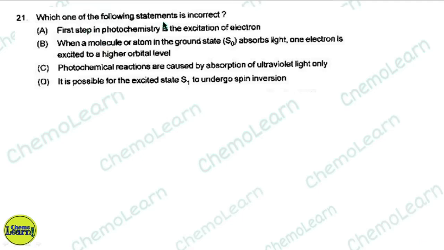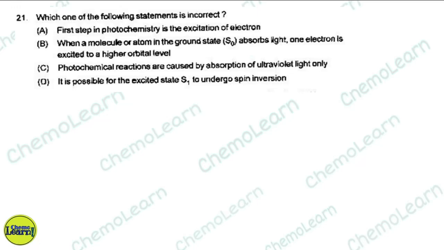Which one of the following statements is incorrect? First step in photochemistry is the excitation of electron. Yes, it is correct. When a molecule or atom in the ground state S0 absorbs light, one electron is excited to the higher orbital level. It is also correct.